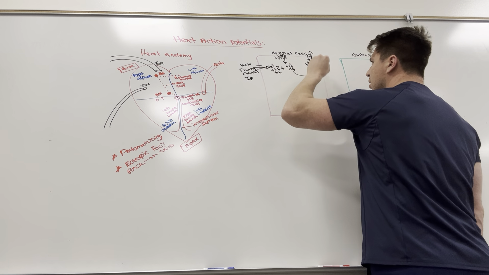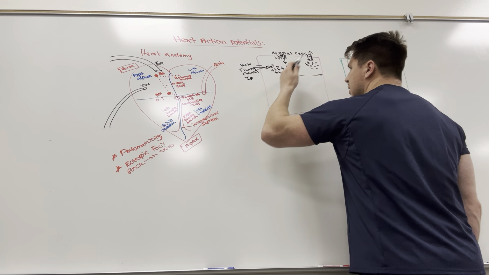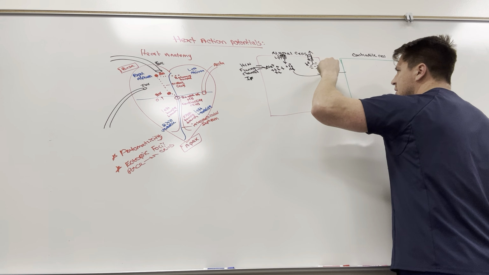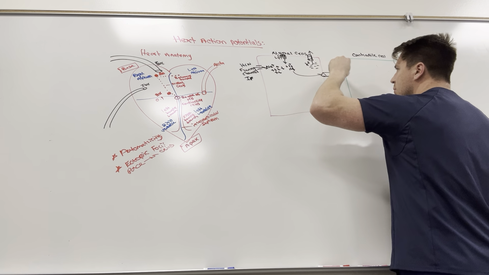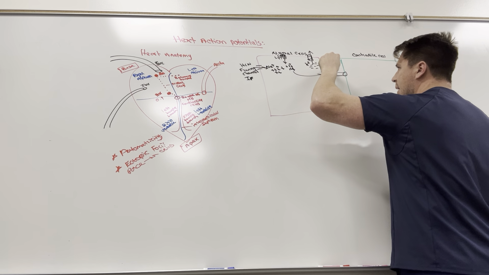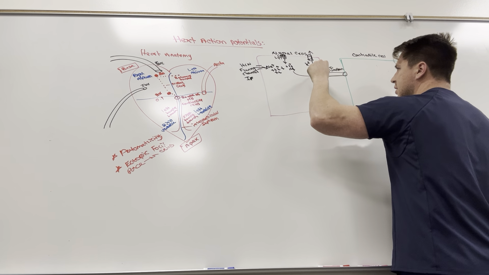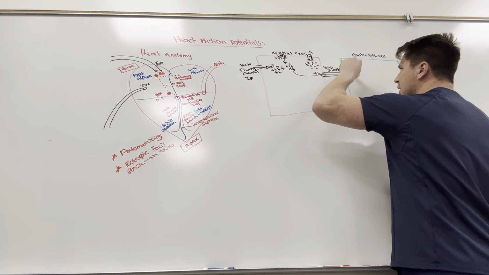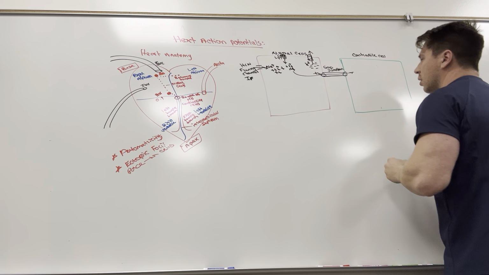Then we have this crossing tube between the cells called the gap junction, and the positive charge and depolarization created here can travel over and have an effect over here.